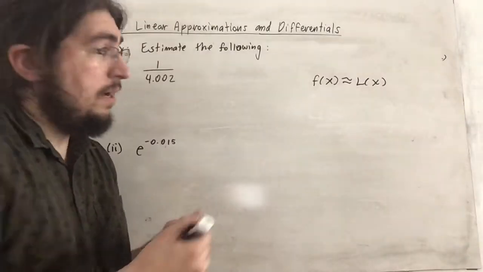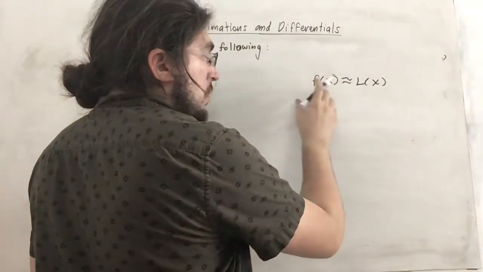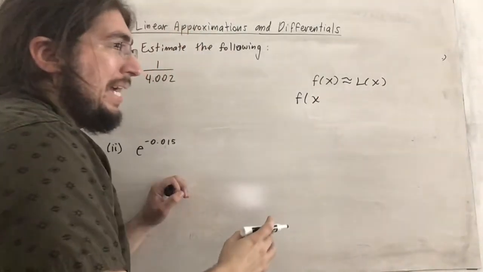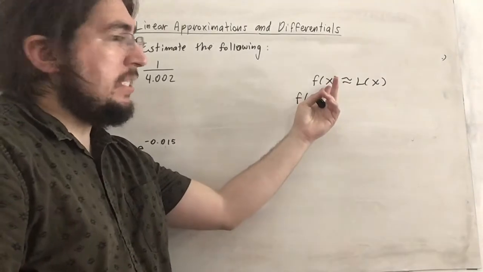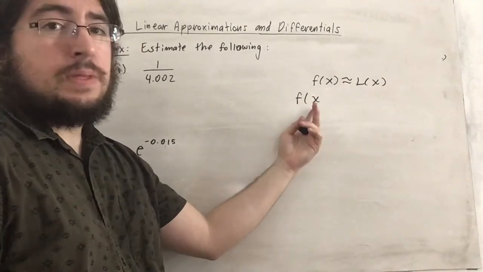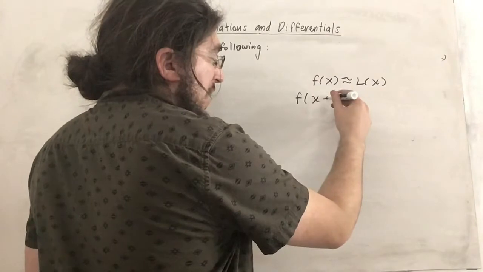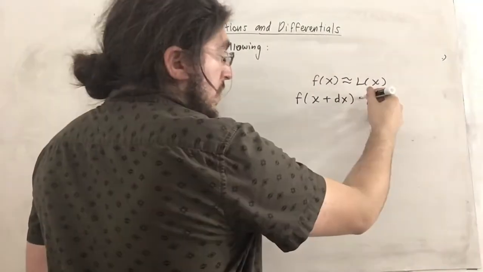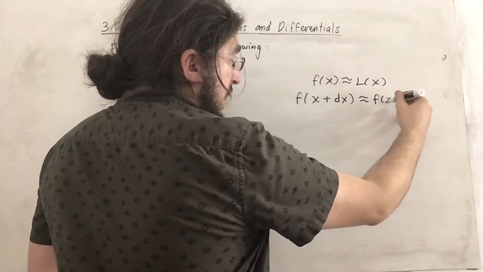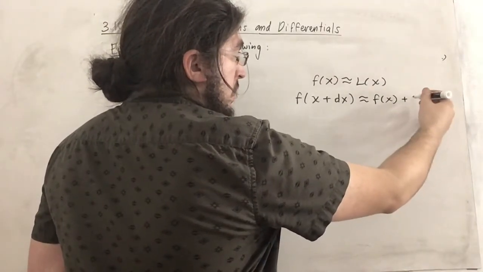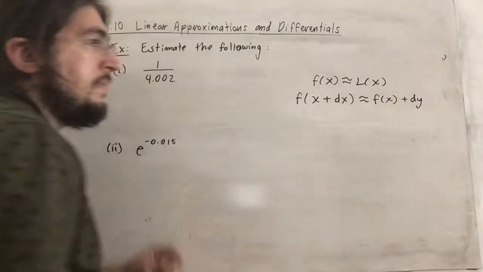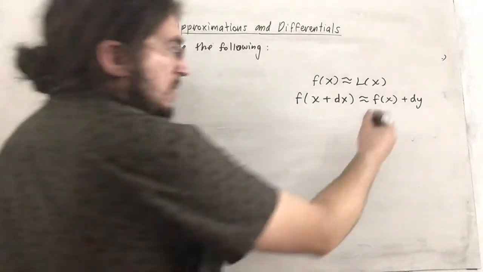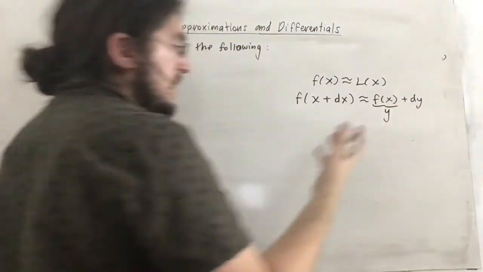But in the words of differentials, what we're saying is if you want to evaluate f of a known value x, and you add to it delta x, which is the same as dx, this is approximately f of x plus dy. So that's kind of what we're doing here. Which, by the way, f of x is y also, so we have different notation.